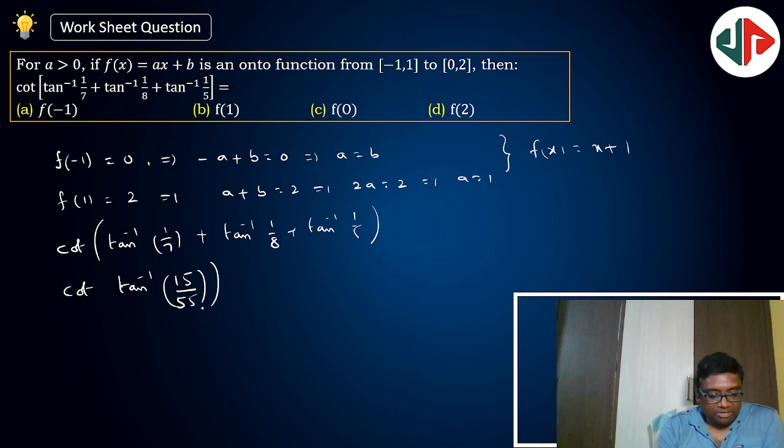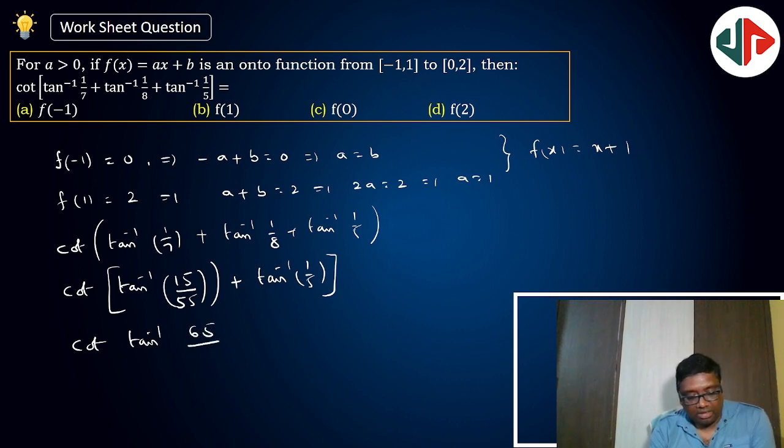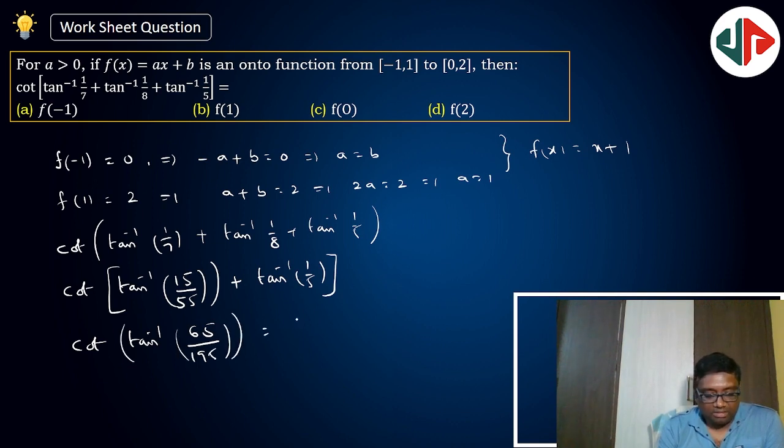Cot of tan inverse of 15 by 55 plus tan inverse of 1 by 5. Again, if you apply the formula, cot of tan inverse of 65 by 195. So your answer is nothing but 65 ones, 65 threes, so cot inverse of 3.